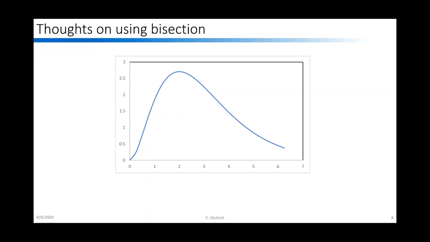So let's say, let me make sure that I have a good color here, maybe red. So let's say we have this function, once again, f of x, here's x, and we want to use bisection or a bisection-like method to find that maxima.